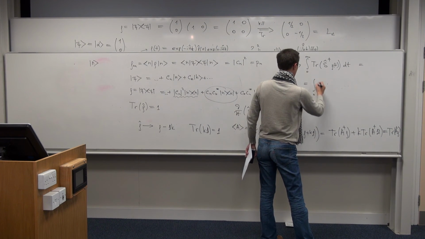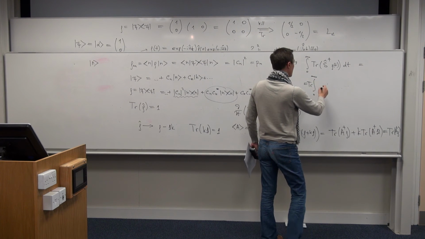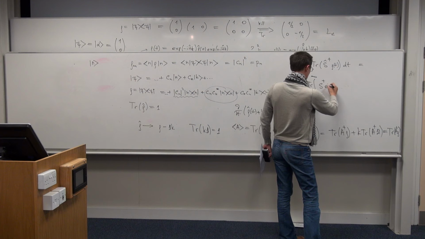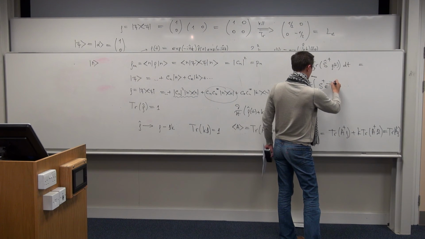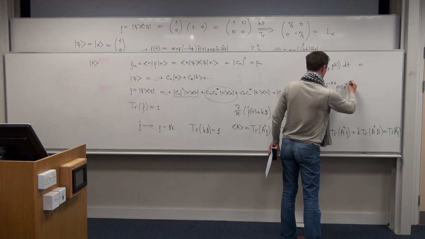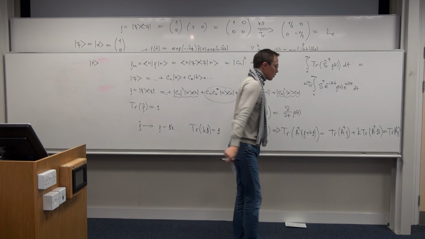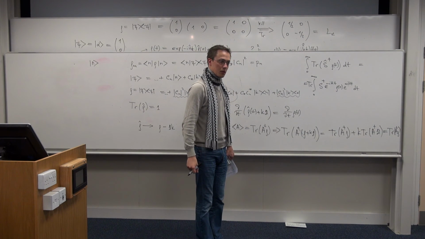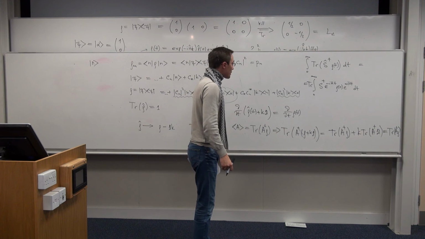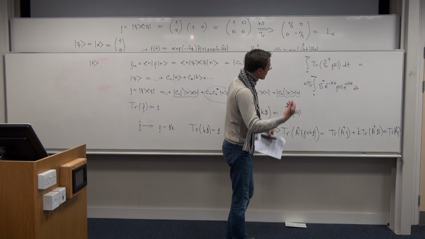The integral from 0 to infinity, trace we can take out really, it will be S e minus i H t rho 0 e plus i H t dt. Do you think of an analytical solution to this? Doesn't exist, or rather it only exists in Liouville space, through the same transformation.